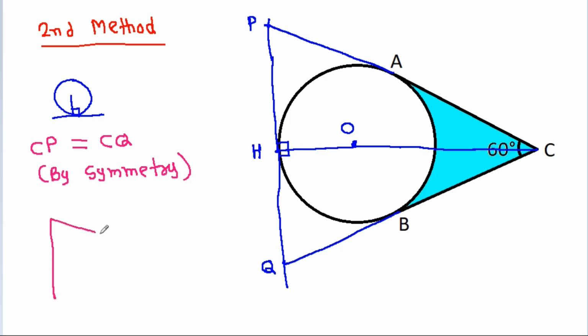So in triangle CPQ, CP is equal to CQ, and this angle is 60 degrees.